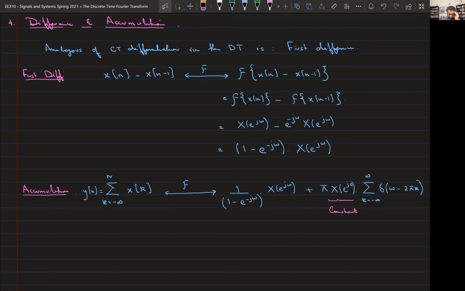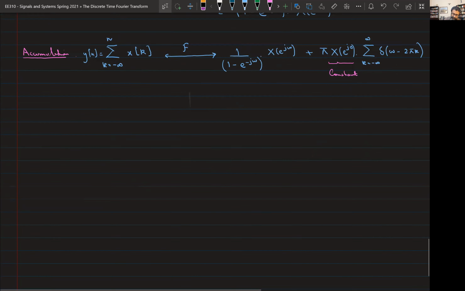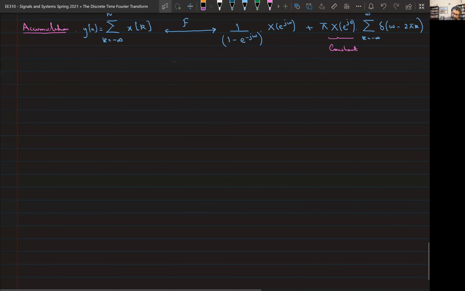Okay. Now, let's just apply this formula, if you will. So I'm going to put this up here, and try to apply this relationship to the following, which is x of n, let's say x of n equals u of n.